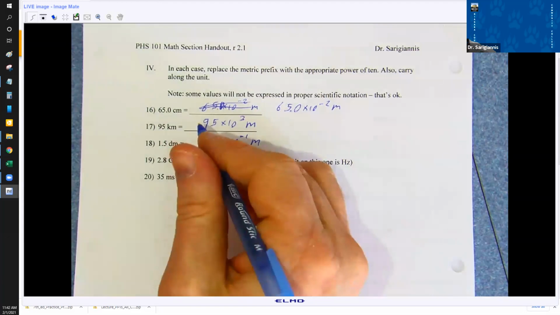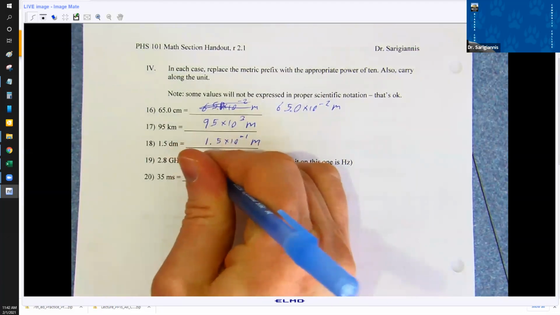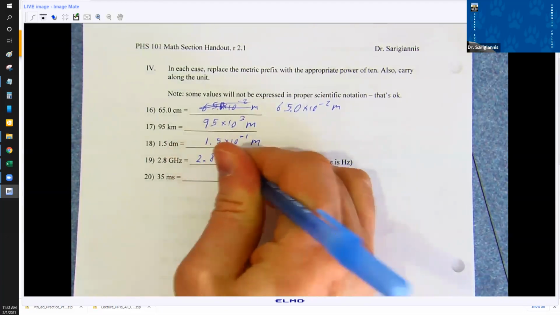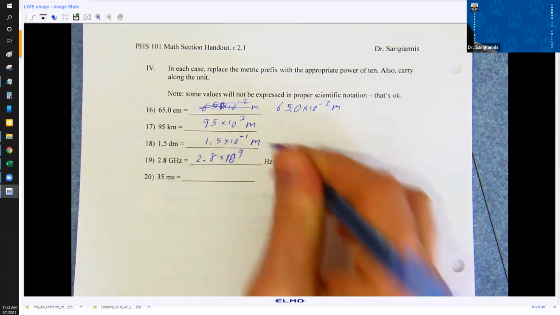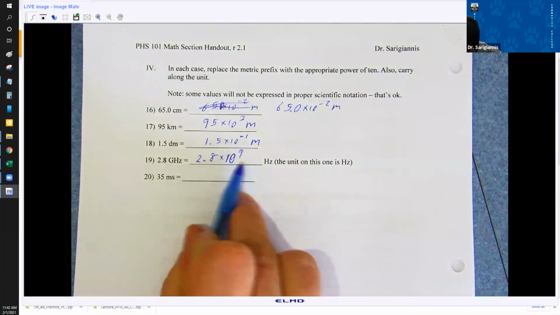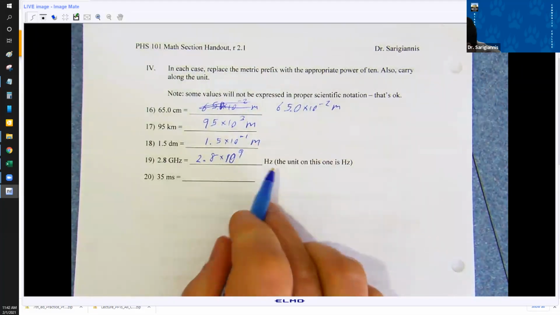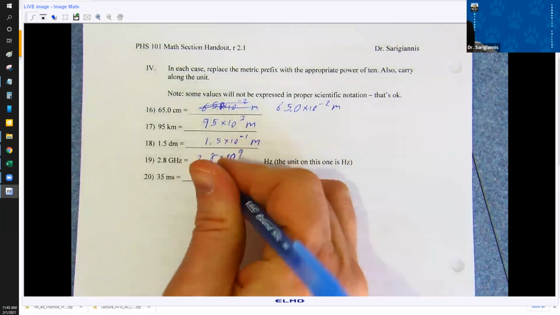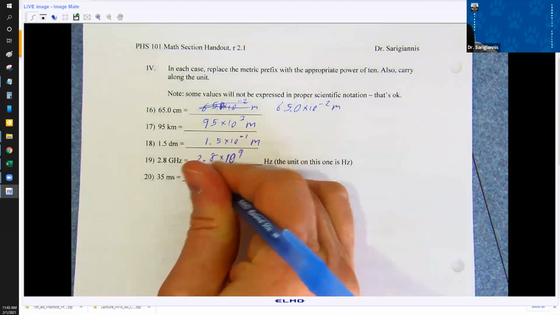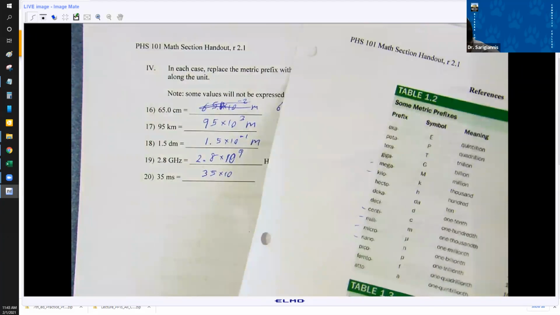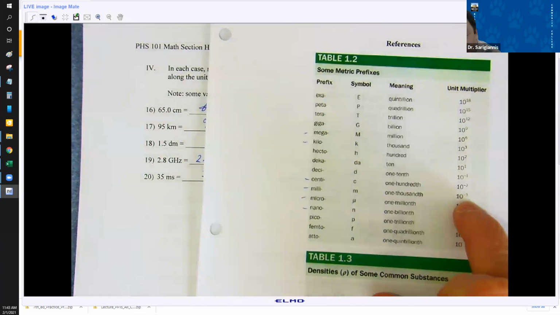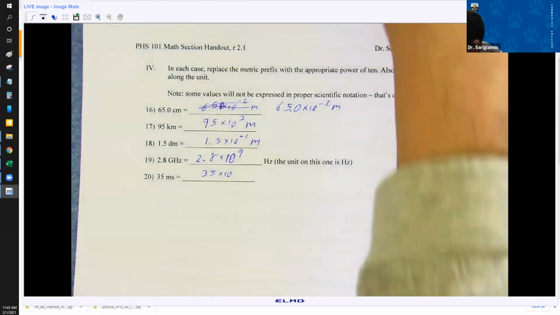So that's 2.8 times 10 to the 9th. This is supposed to be a small 9, exponential 9. And the units are hertz, so I'm just going to leave it. And then 35 milliseconds. 35 times 10 to the what? What's milli? Milli is 10 to the minus third.